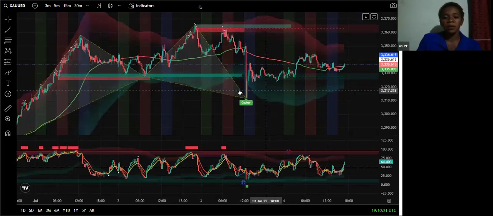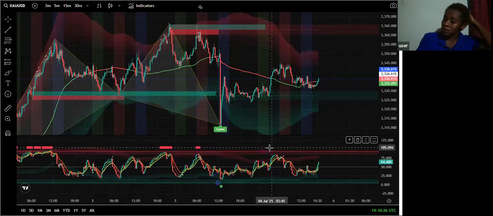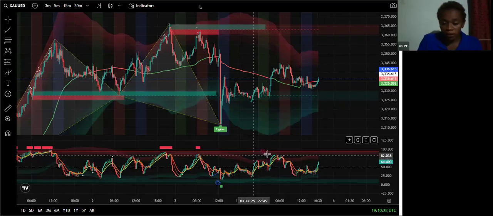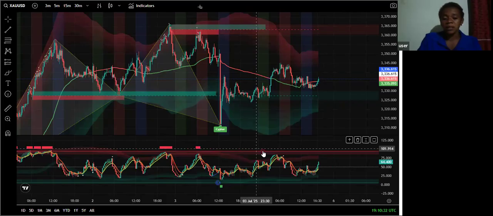All right, I'm talking about this divergence here, the sign D below here. I don't know if you can actually see my cursor. The sign D here is the divergence, and it gives you confidence or confirmation in the market.